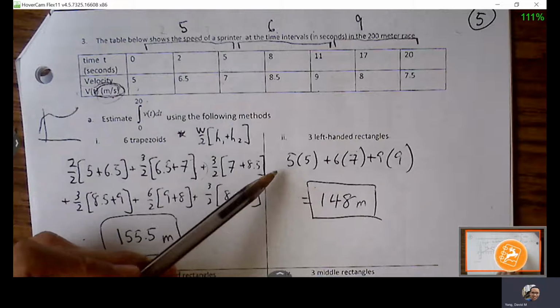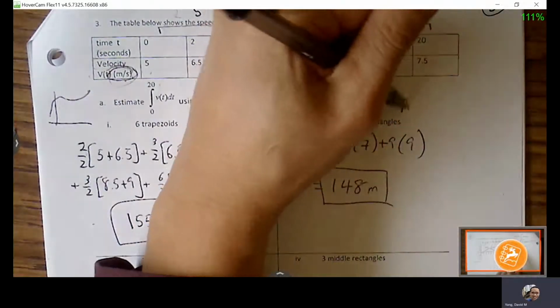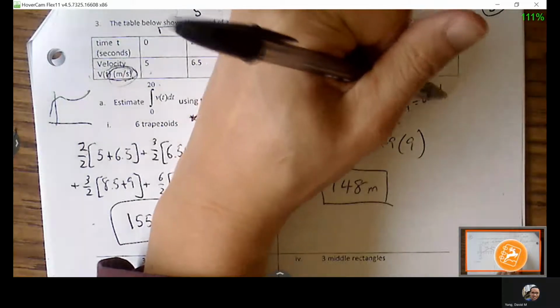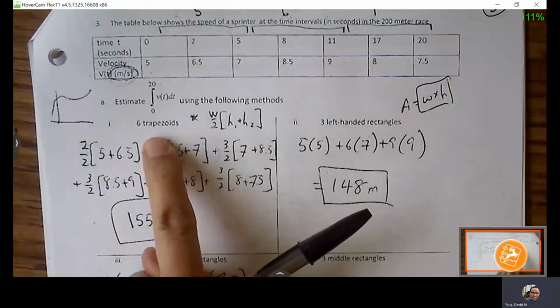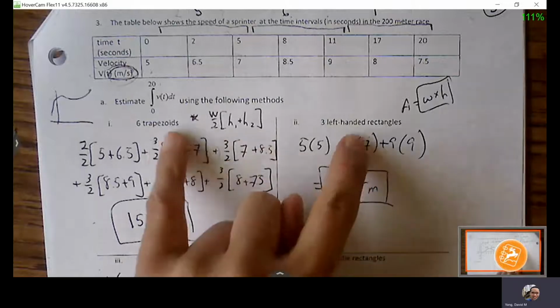For this one here? Well, if we're doing rectangles, all we do is we just do width times height. If it's trapezoids, then we have to do width over 2 times height 1 plus height 2. So different shapes.